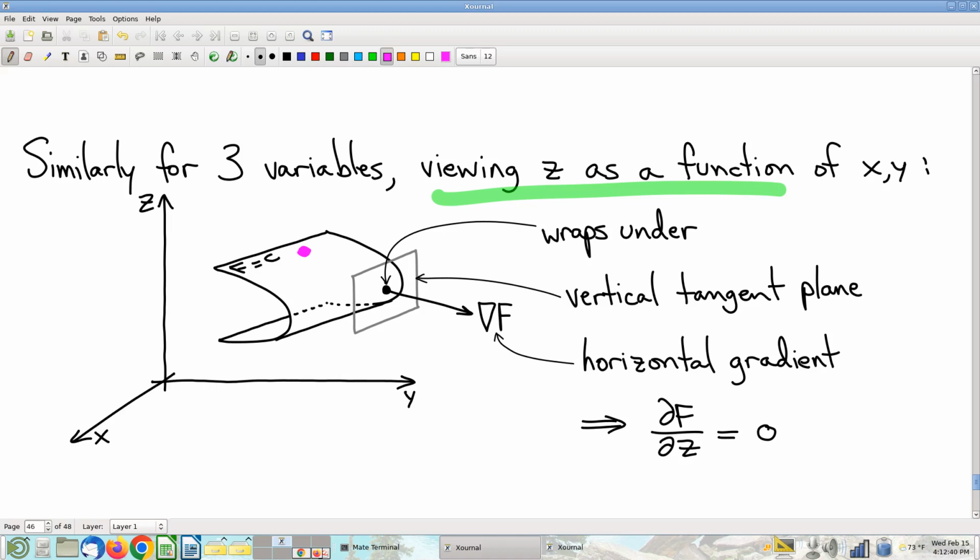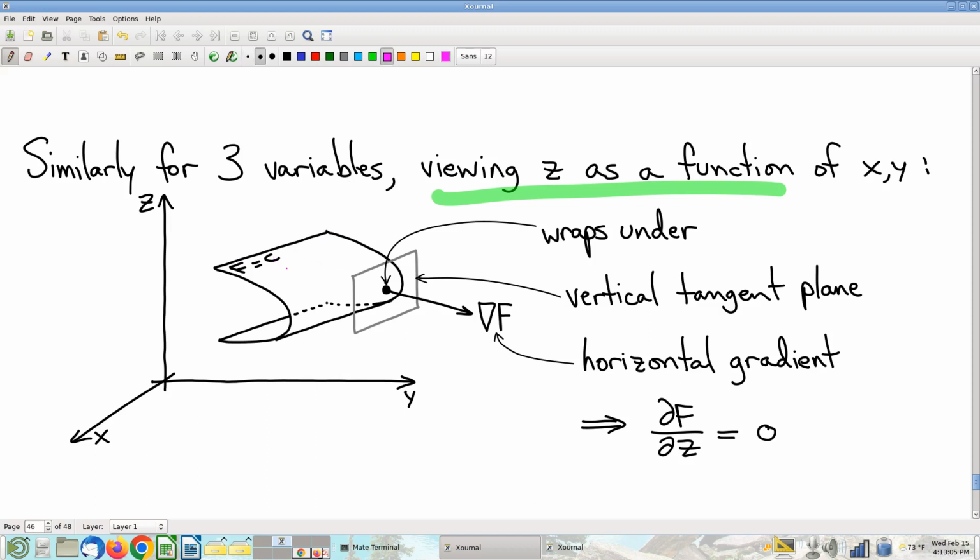Vertical line test: vertical lines will hit that neighborhood each exactly once, and no problem. So at a point like this one, sure, you can view z as a function of x and y locally. So it makes sense to talk about things like the partial of z with respect to x in the vicinity of that point, no problem.